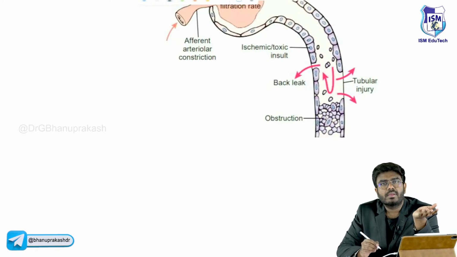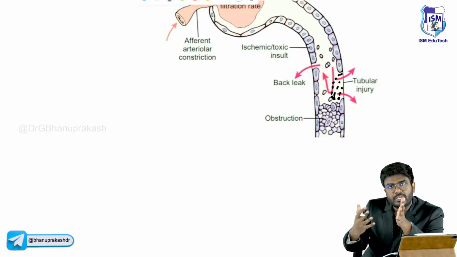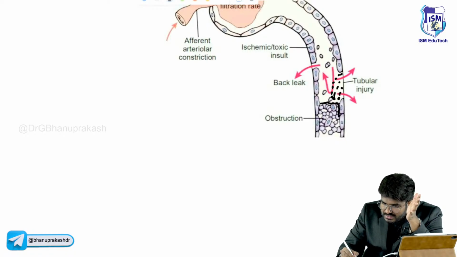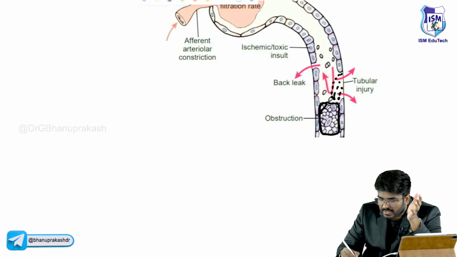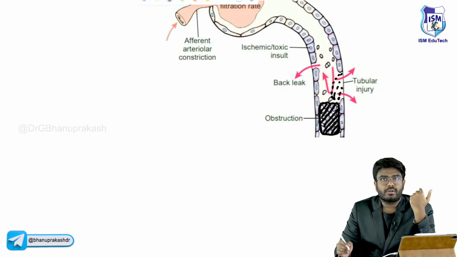They die and get denuded from that area, and now these cells are forming a cast. They are occluding the tubule, and that can lead to renal failure, because the nephrons are getting blocked.